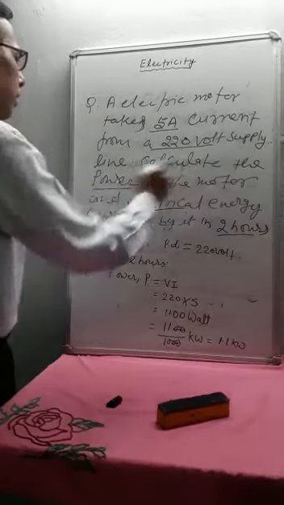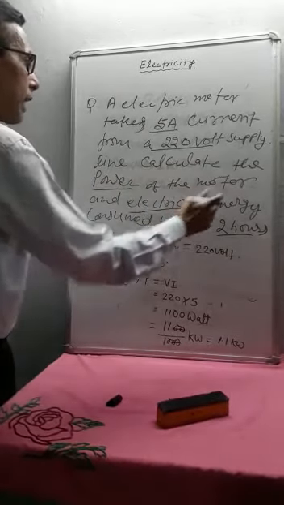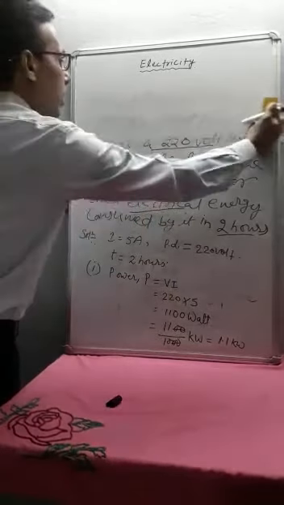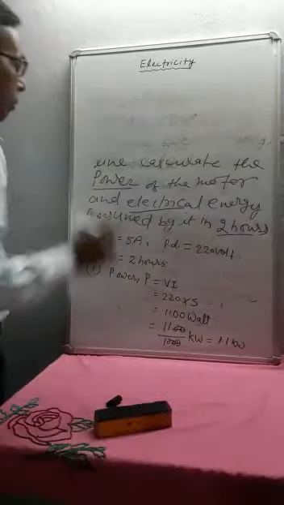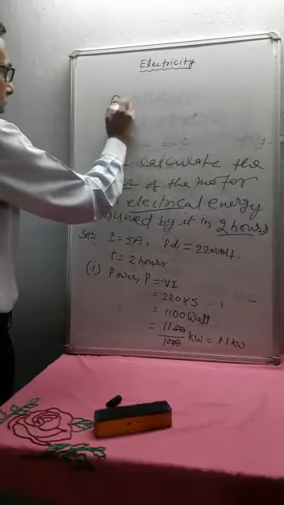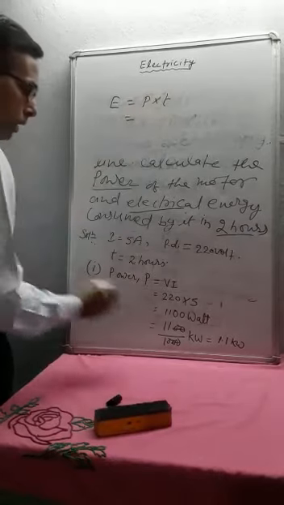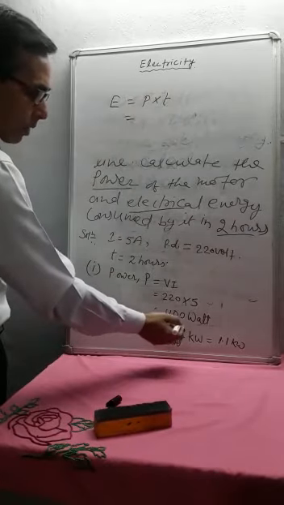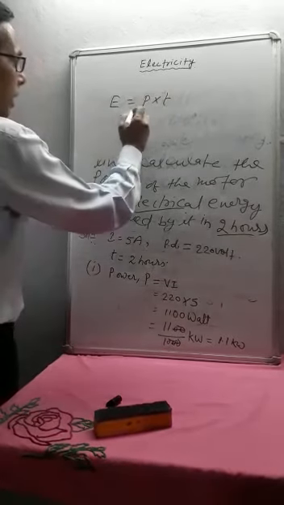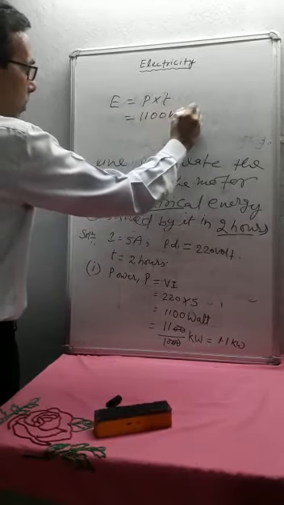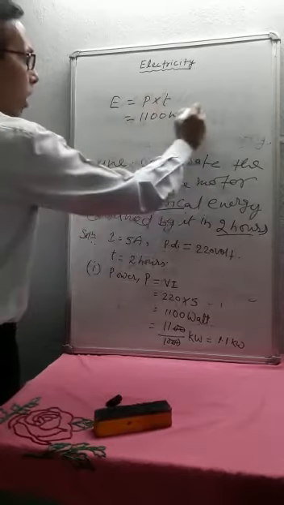Now you have to find the electrical energy. Electrical energy, all of you know the formula, E is equal to power into time. What is the power here? 1100 watt, and time is 2 hours.